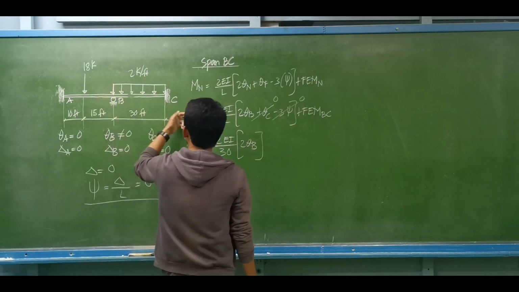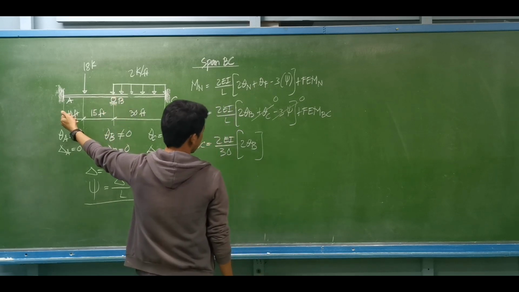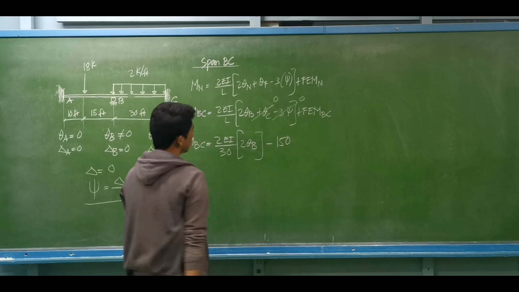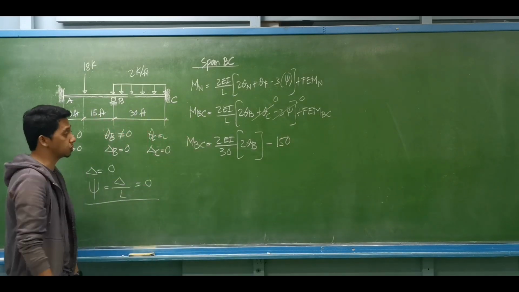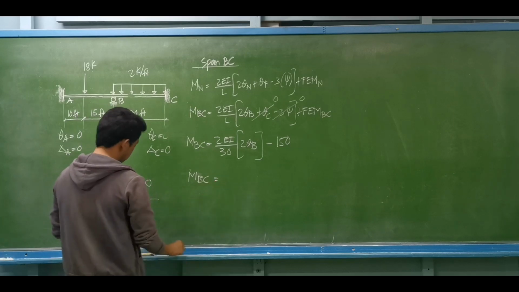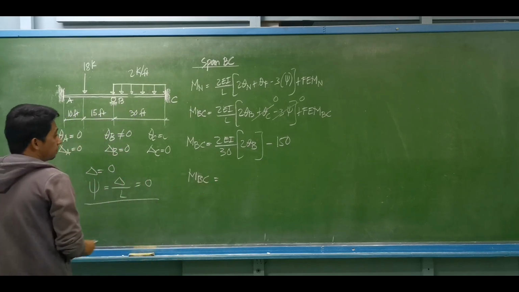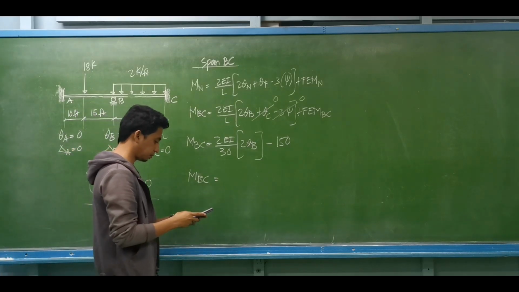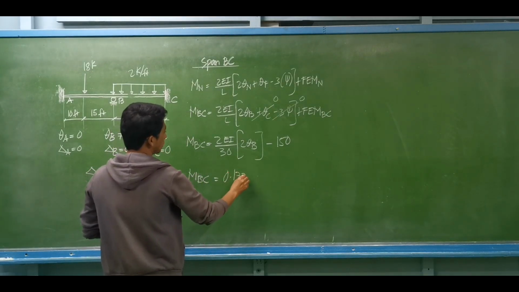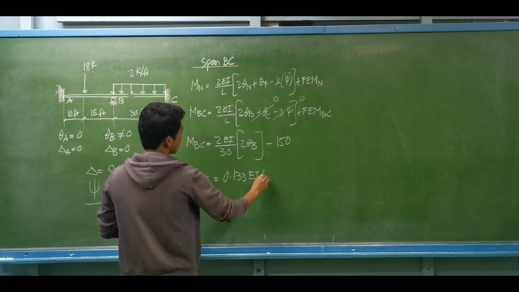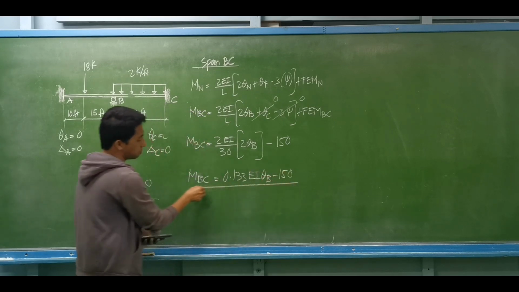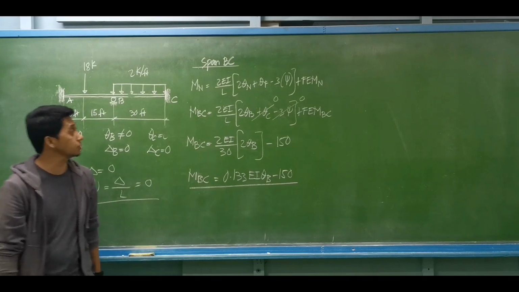Then for BC, that is the support on the left, so it should be negative 150, the fixed end moment BC. We have the moment for span BC is the same as this 4 over 30, which is 0.133 of EI theta sub B minus 150. So this will be the equivalent of moment BC.